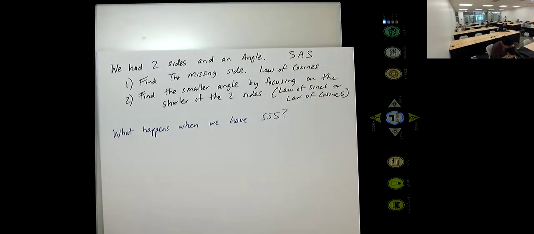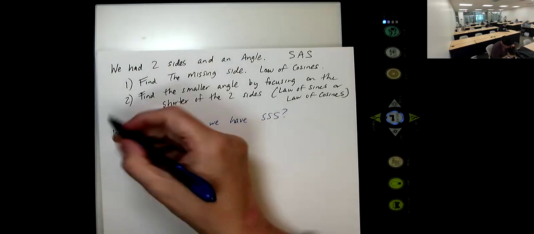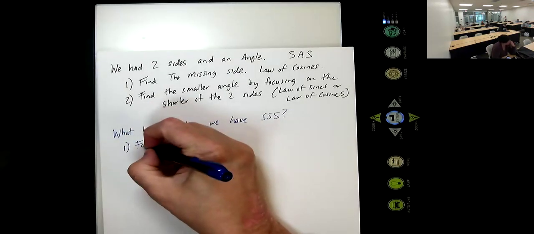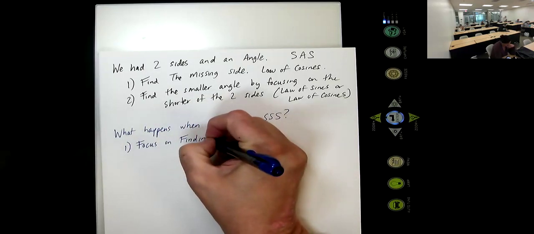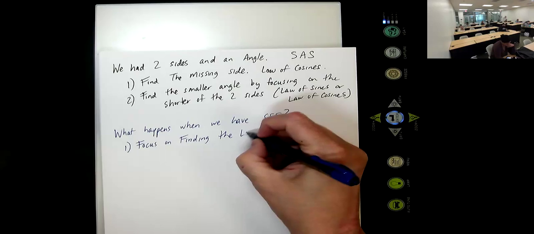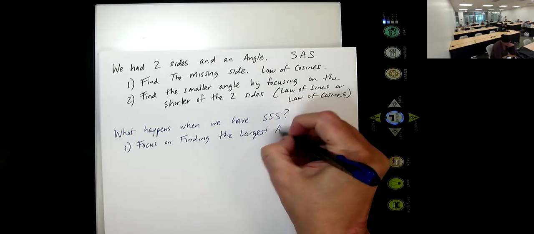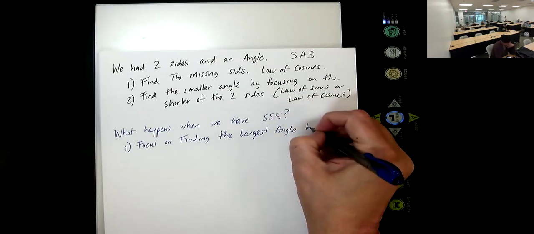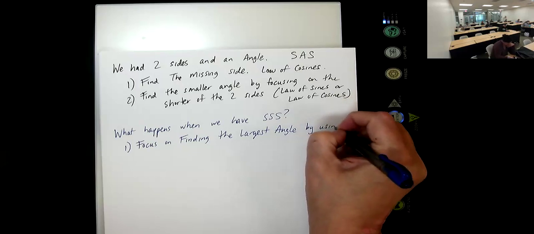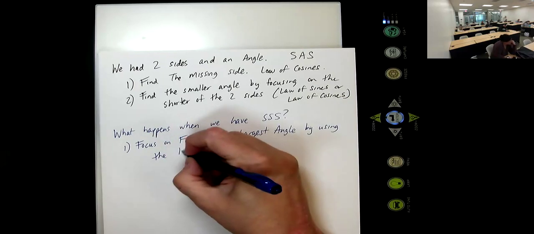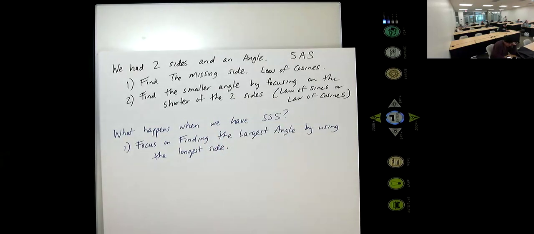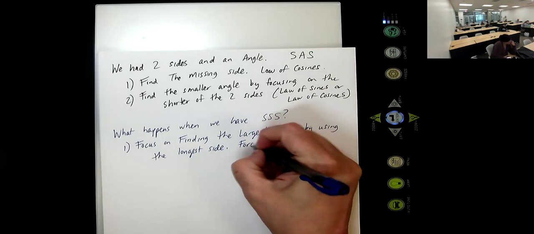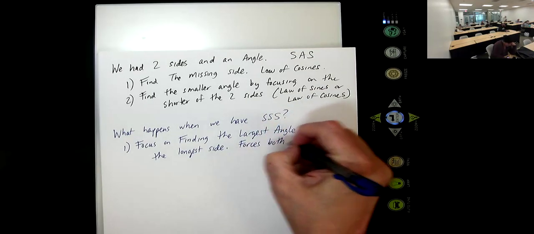What you wanna do is step one, focus on finding the largest angle by using the longest side. This forces both other angles to be less than 90 degrees.